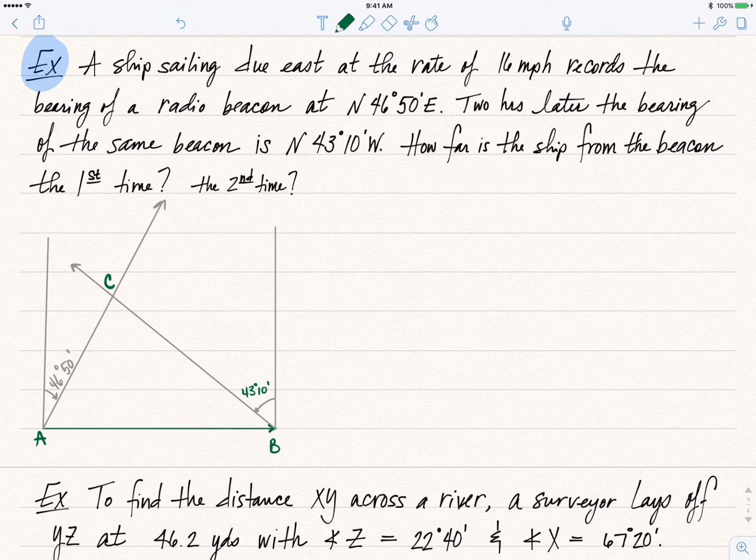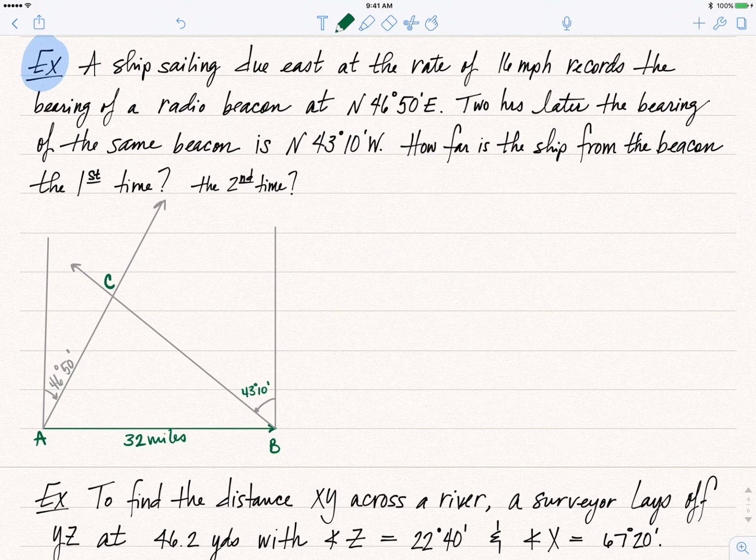Now, I'll deal with those questions in class. But let's go back for a minute. We said that the rate of the ship was 16 miles an hour, and he went for 2 hours between the sightings. So 2 hours, 16 miles an hour. This ship has gone 32 miles. Now, there's some missing information.